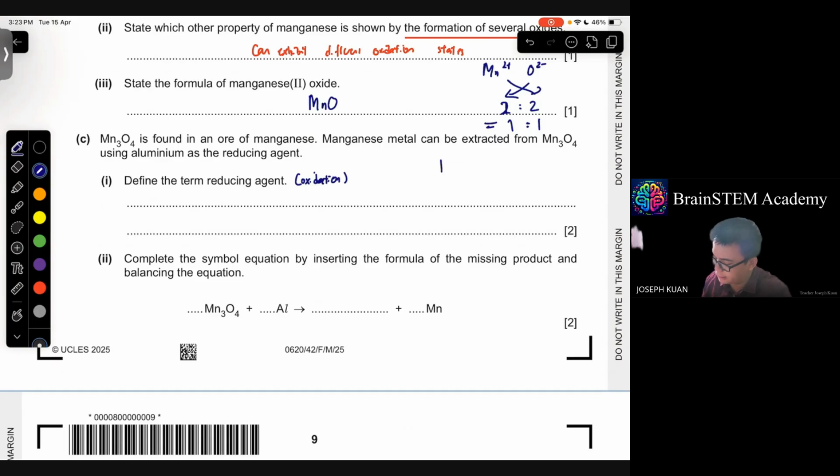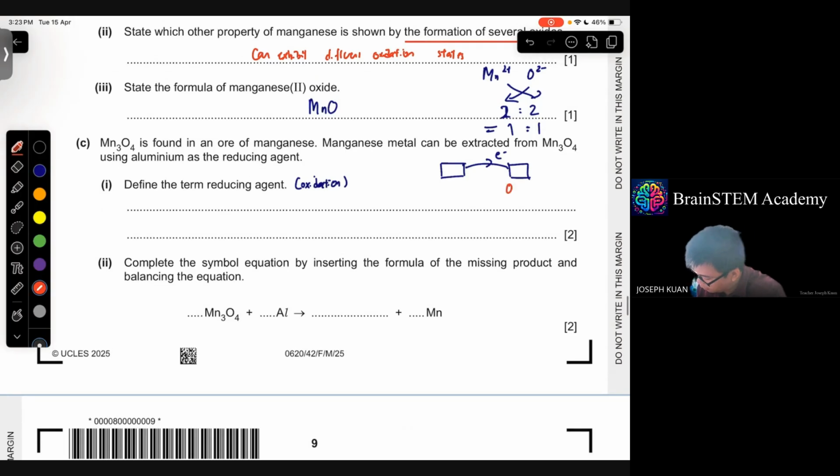I can draw an idea, which is essentially that redox reactions are electron transfer processes. Now, when a substance gains electrons, it's called reduction. And the reason why this substance undergoes reduction is because someone donates electrons to it. So this thing is what we call a reducing agent, or you can think of it as the substance that undergoes oxidation.